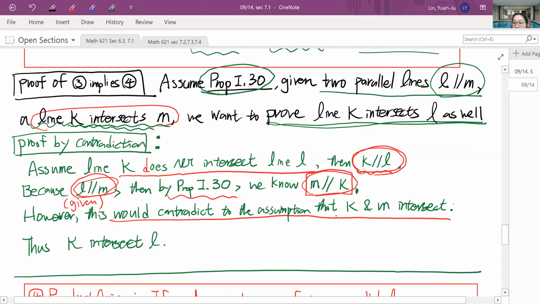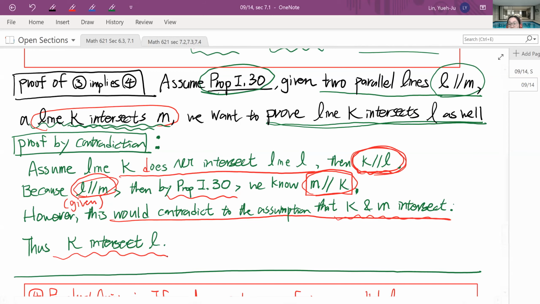That essentially contradicts what we just started with, okay? So it means what we started with is wrong, meaning K should intersect L, okay?